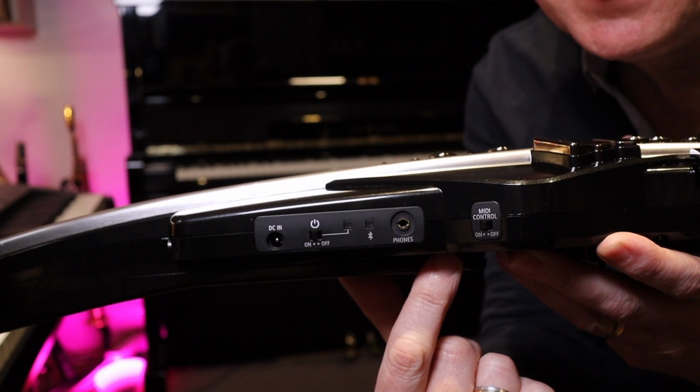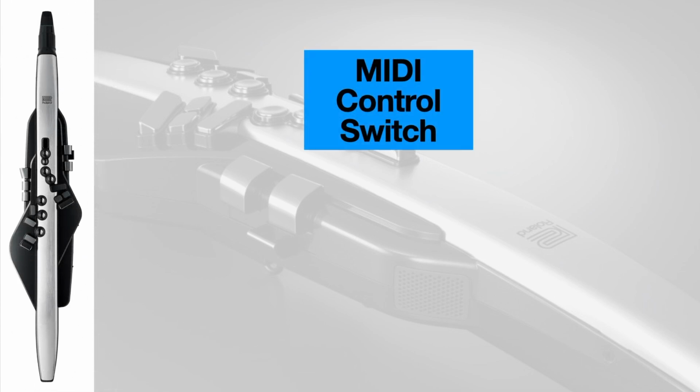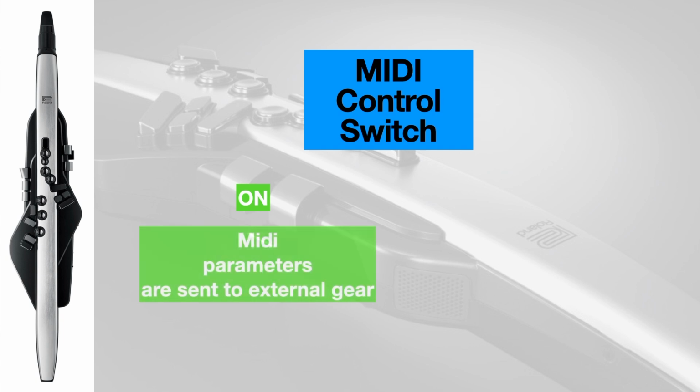And again, there's a really important switch. This time it's a physical switch on the side of the Aerophone, just above where the headphones go in. It's called MIDI control, and it can be on or off. If that switch is on, now all of those different parameters that you've set up for the MIDI settings, they're the ones that are going to go to your external bit of gear.